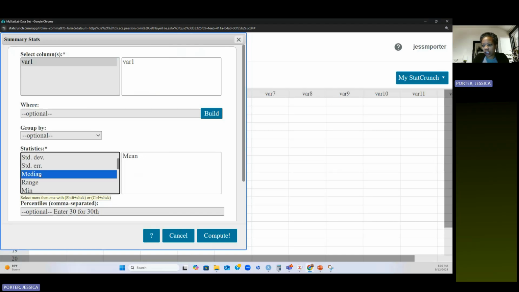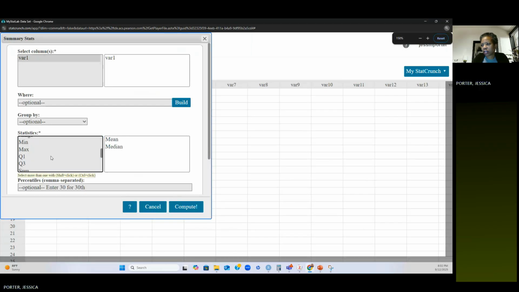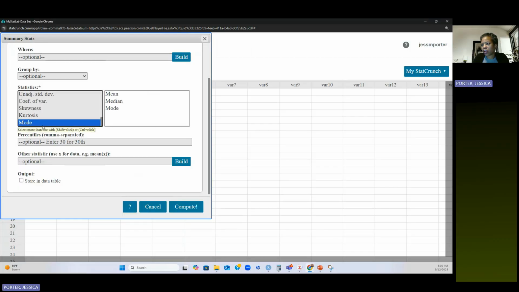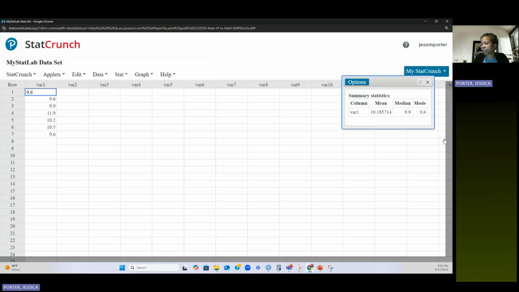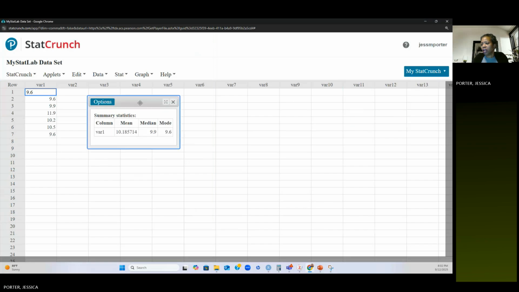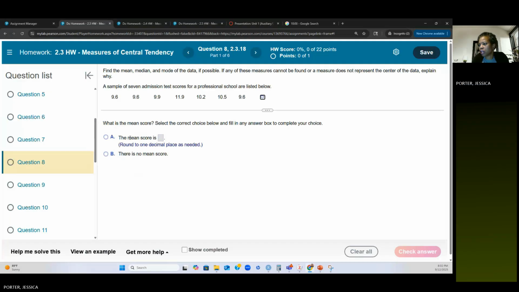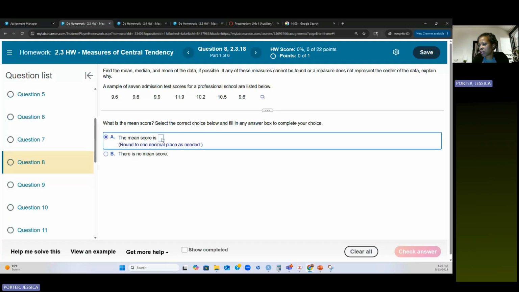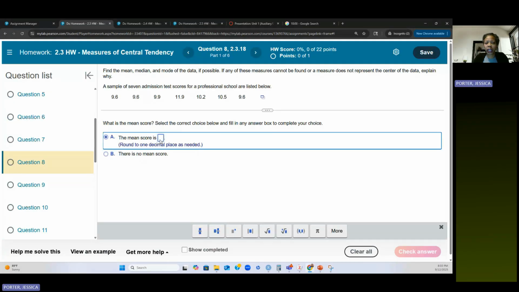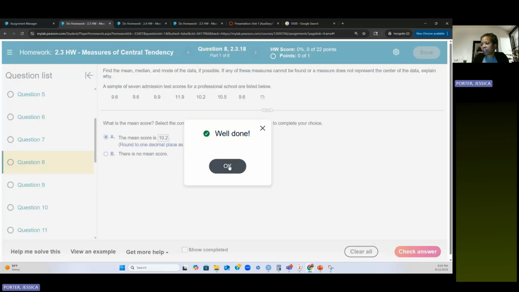I'm going to need the median and the mode, compute. So I got all of them, even though it's going to ask me a couple of questions. So the mean is 10.185. It says round to 1 decimal place. 10.18 goes to 10.2. Check the answer.